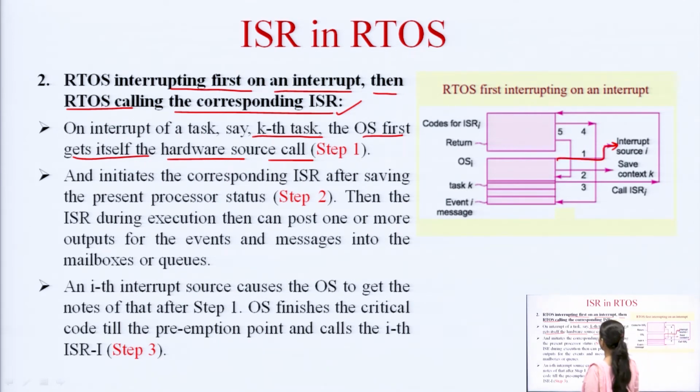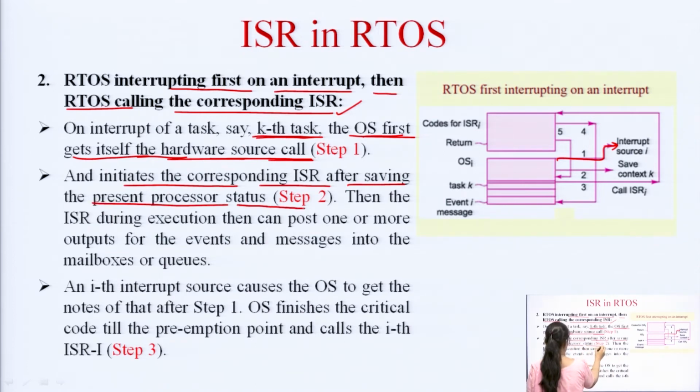Whenever the kth task is being interrupted, the operating system first gets itself the hardware source call and initiates the corresponding interrupt service routine after saving the present processor status, that is step 2. So, in step 2 it will save the context.